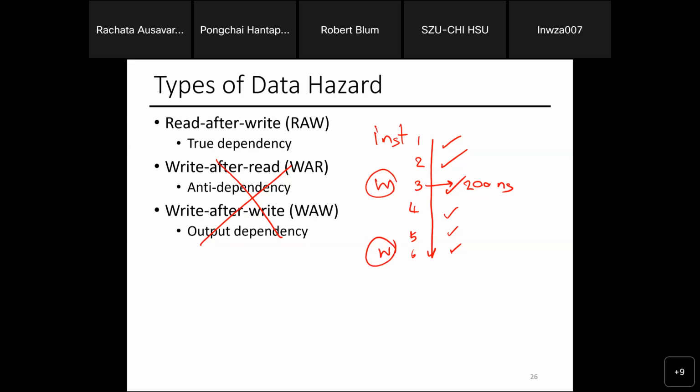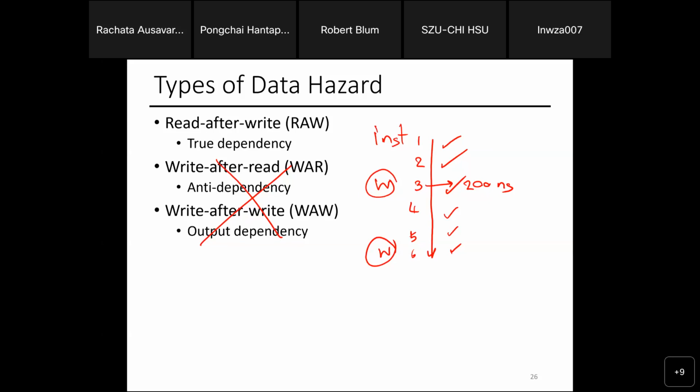So it overwrites whatever instruction 3 is supposed to do, right? So you have to handle that. Write after read, also again, you write after you read something. If it's out of order instruction like this, it can happen.